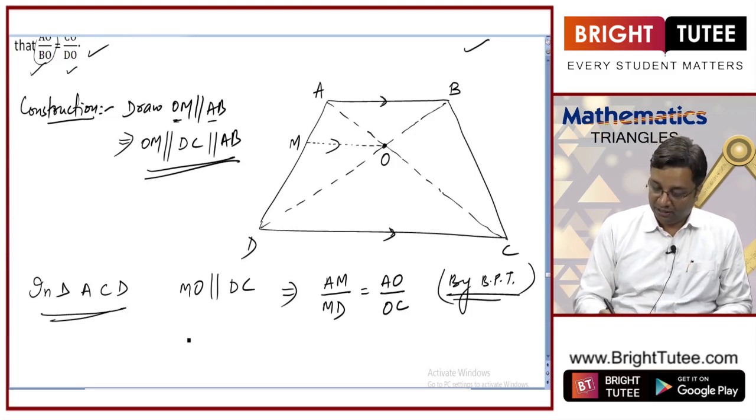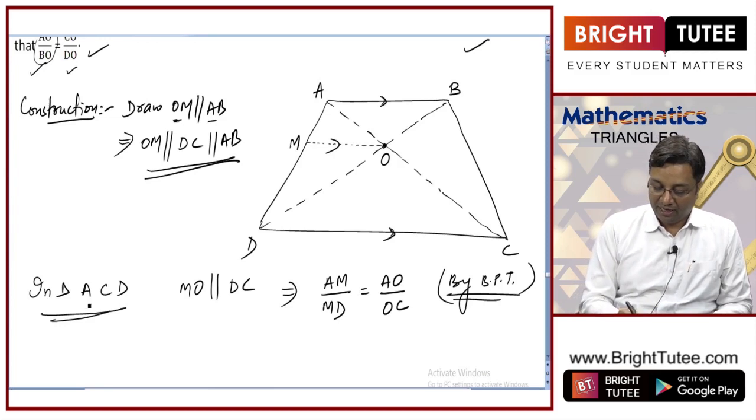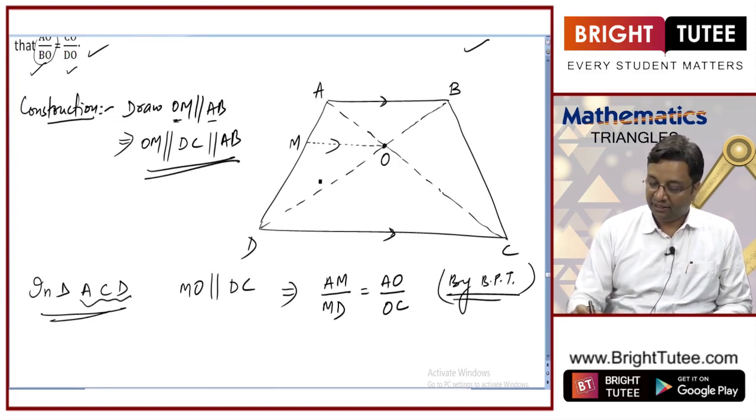Fair enough. Another triangle that we will use here is, I have used triangle ACD, right, because this line is in two triangles, triangle ADC and another triangle ADB.